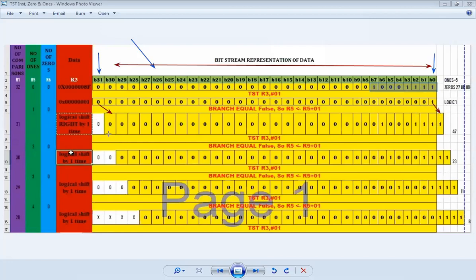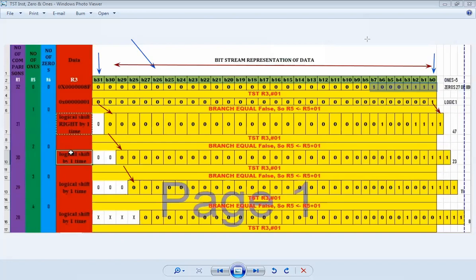Suppose I do another shift, you can see that it is shifted here. Another shift, you can see it's here. Shifting happens in such a way that you are pushing the values to the extreme right. Depending on the right shift or the left shift, this shifting operation happens.